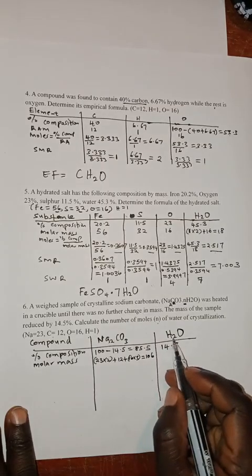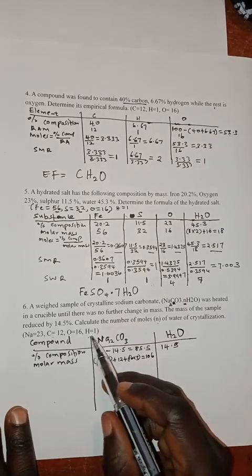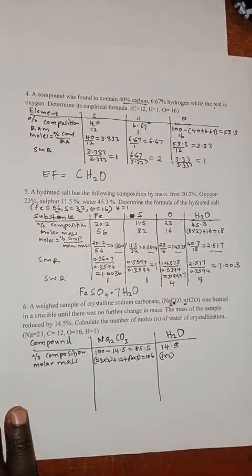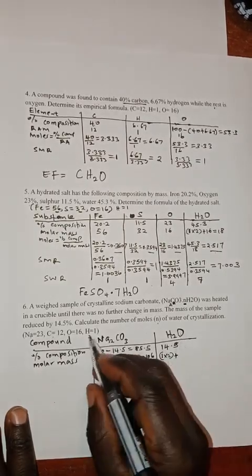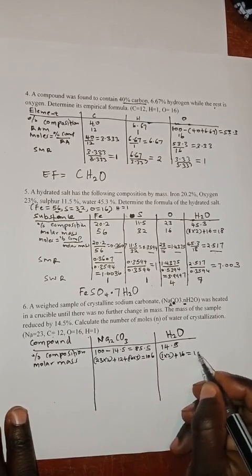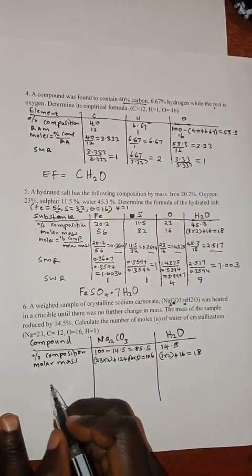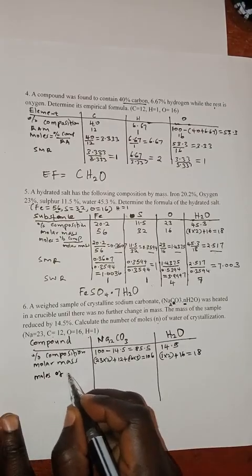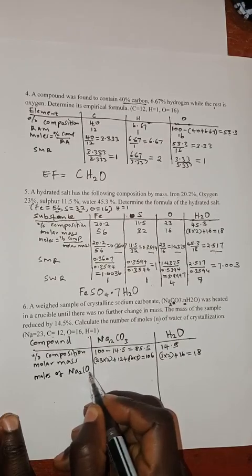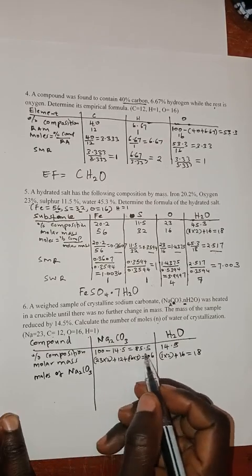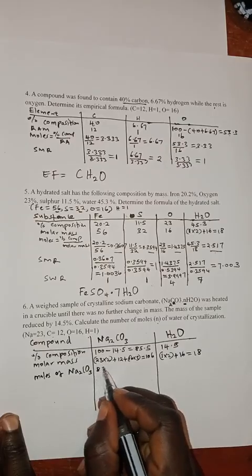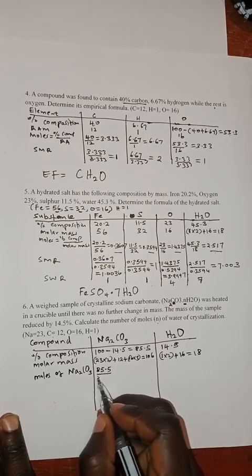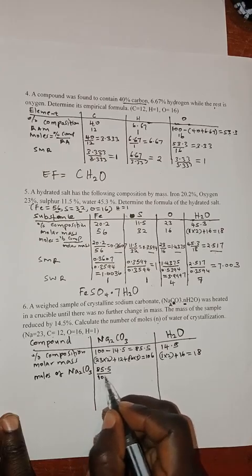And for water, the RAM of one hydrogen atom is 1 and there are 2, so it's going to be 1 times 2 plus oxygen, which is 16. The total is 18. So we are going to calculate the moles of sodium carbonate and the moles of water. Moles of sodium carbonate are given by the percentage composition, 85.5, divided by the molar mass of sodium carbonate, which is 106.